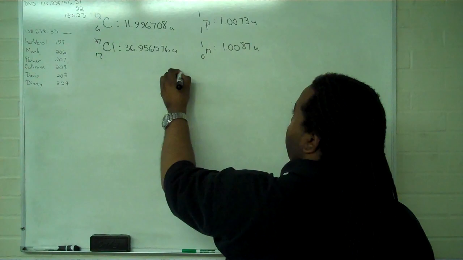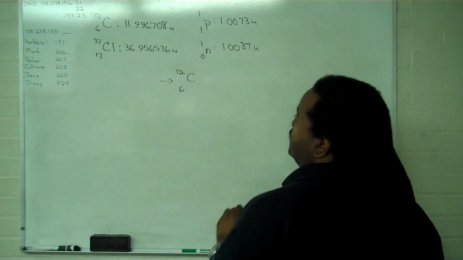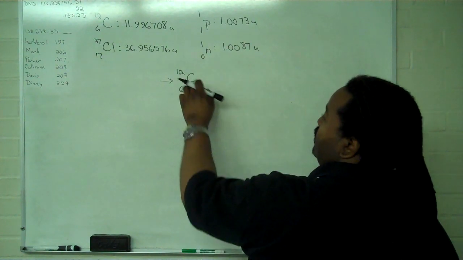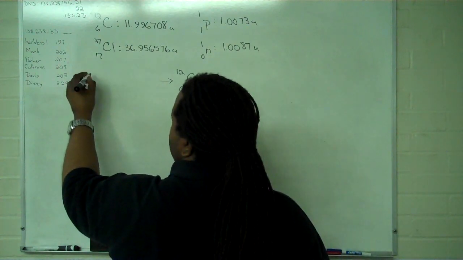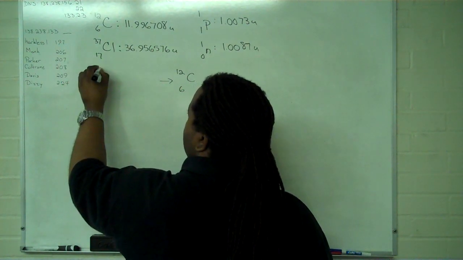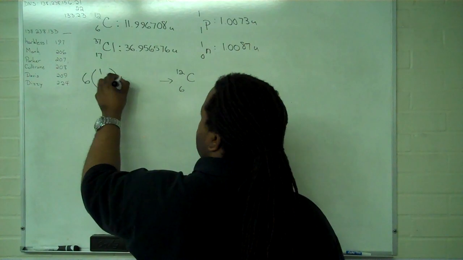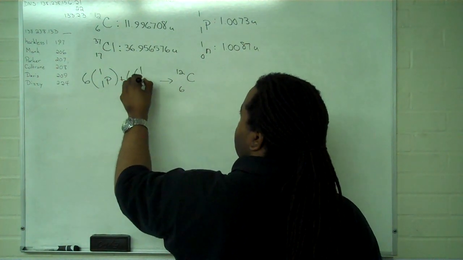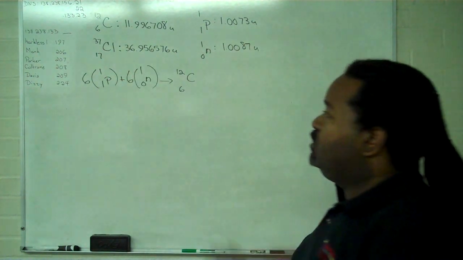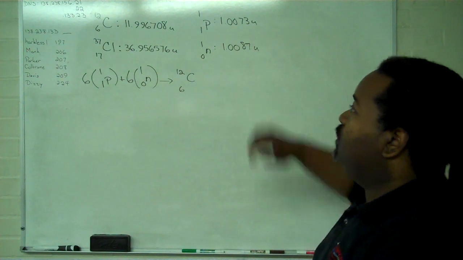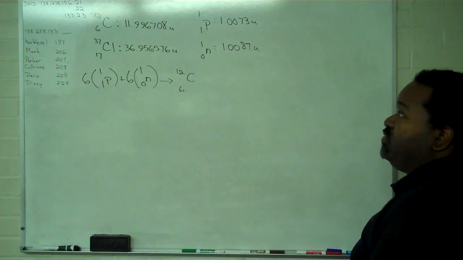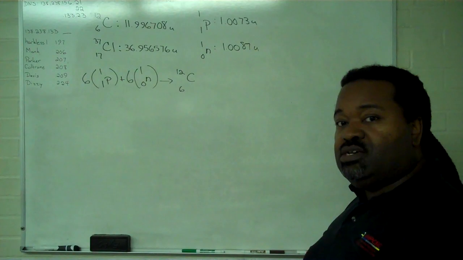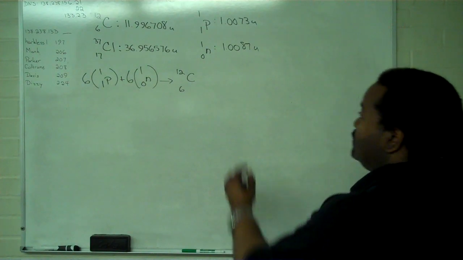So our carbon-12 becomes the product. And carbon-12 has 6 protons and 6 neutrons. So we are taking 6 protons and 6 neutrons and squeezing them together to form our carbon. In the same way, for our chlorine, we have 17 protons and 20 neutrons.